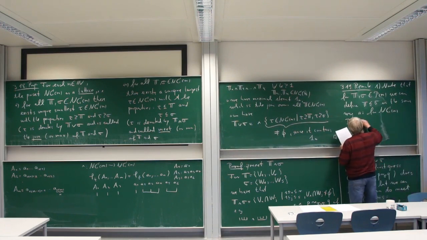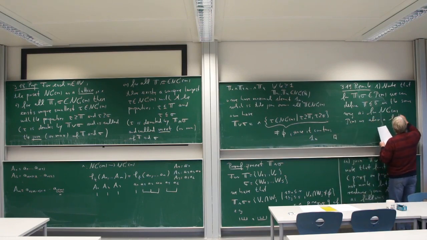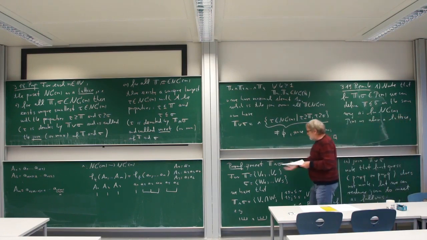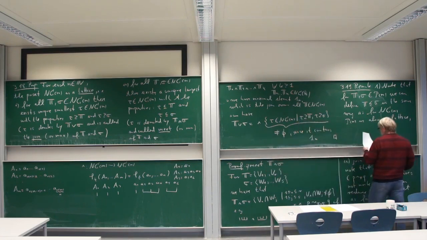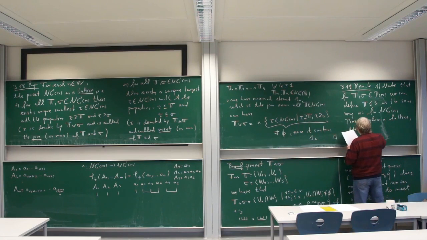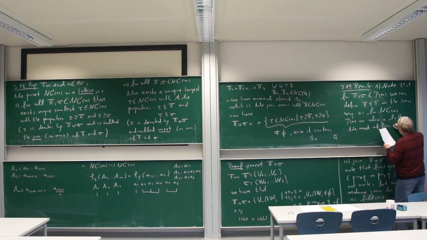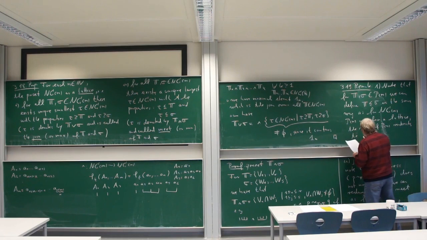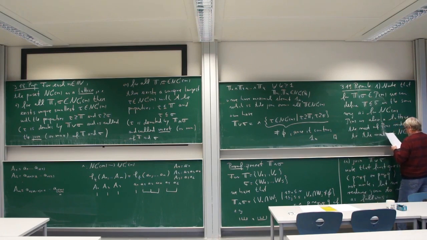So P_n is also a lattice, and the meet is given in the same way as we have it here. Okay, so we just take the intersection. So the meet of P_n restricts to the meet from NC(n).